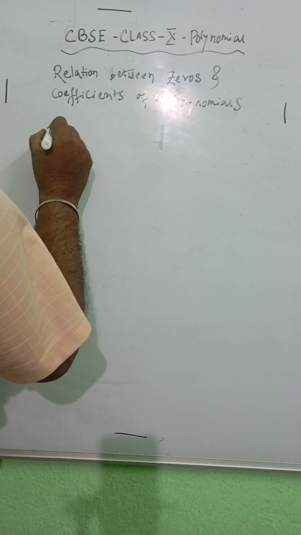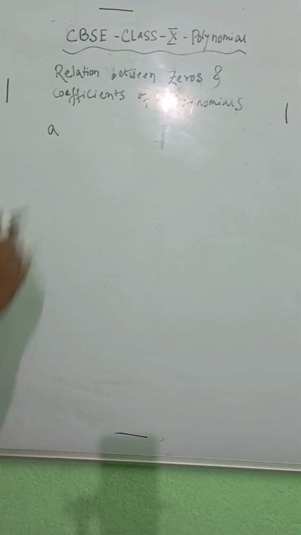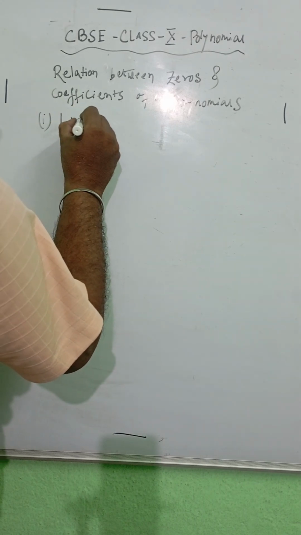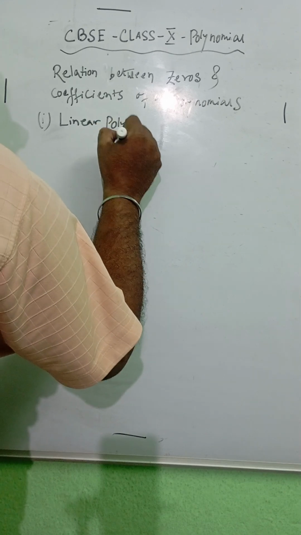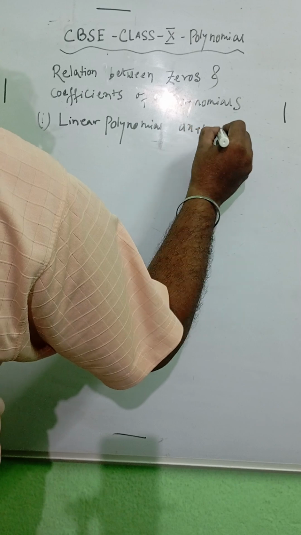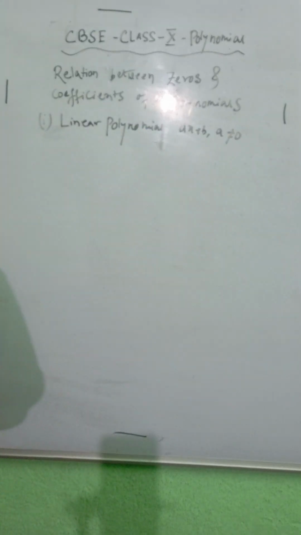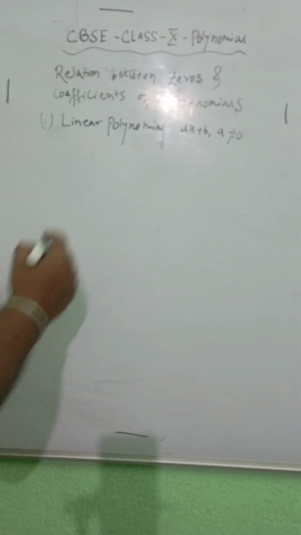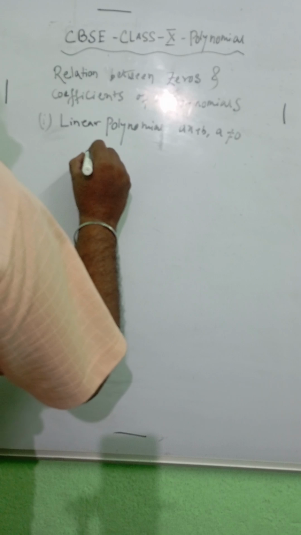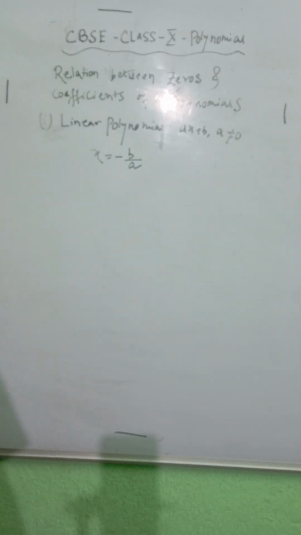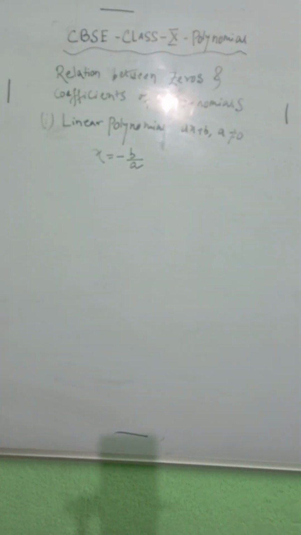First, for a linear polynomial ax plus b, where a is not equal to 0, the zero is x equal to minus b by a.